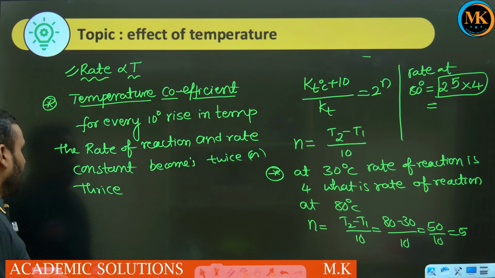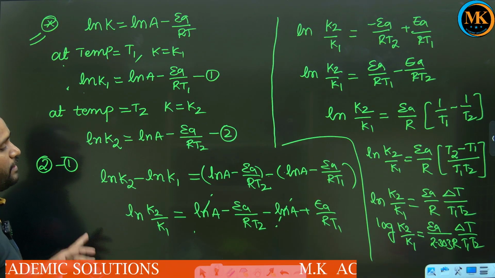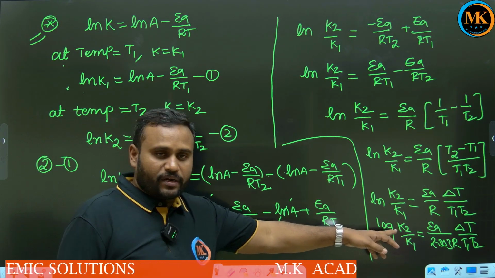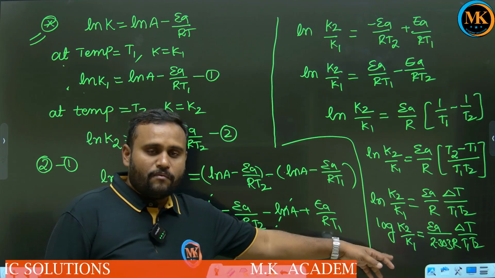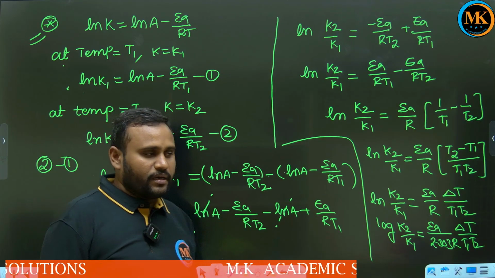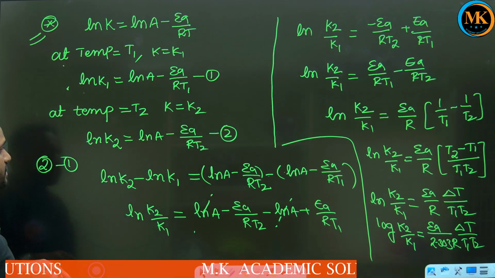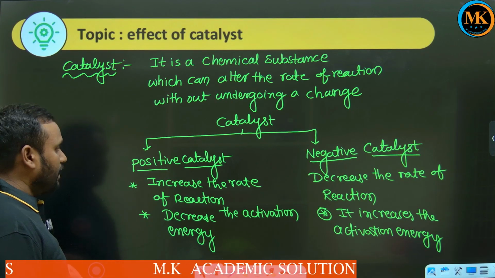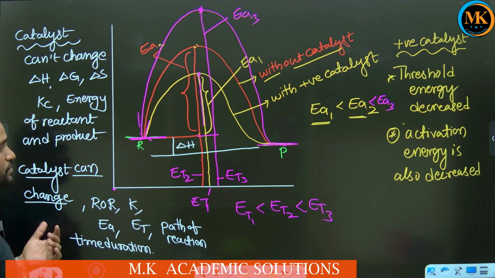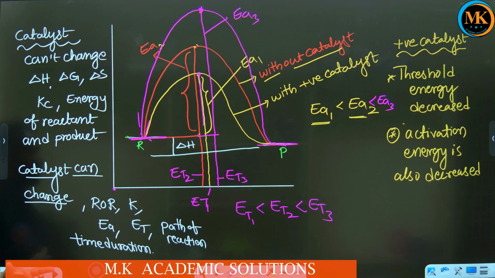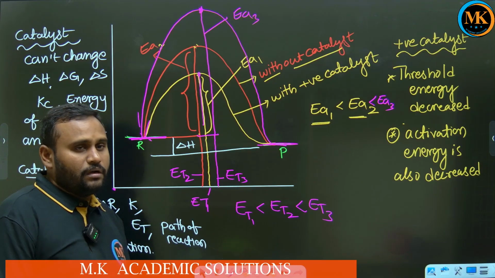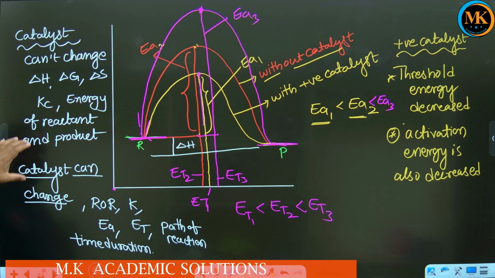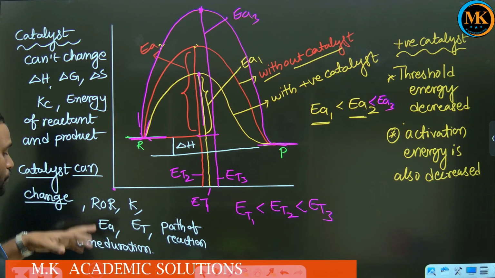Next, the Arrhenius equation at different temperatures, and the rate constants at different temperatures. Next, catalyst: what a catalyst is, types of catalyst, how a positive catalyst and a negative catalyst affect the rate of reaction, and what a catalyst can do and cannot do.